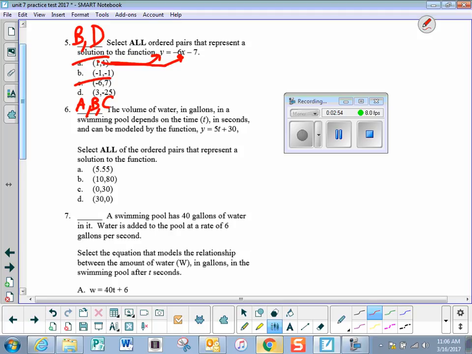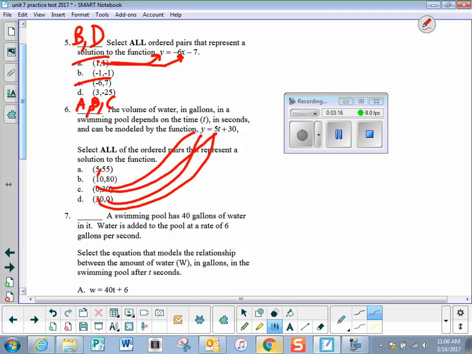Oh, whoops, that was wrong. Sorry. It's 5, 55, that's a comma. Okay. So this one's actually D. This is Y. Does 0 equal 150 plus 30? No. Does 30 equal 0 plus 30? So it is C. A, B, and C.